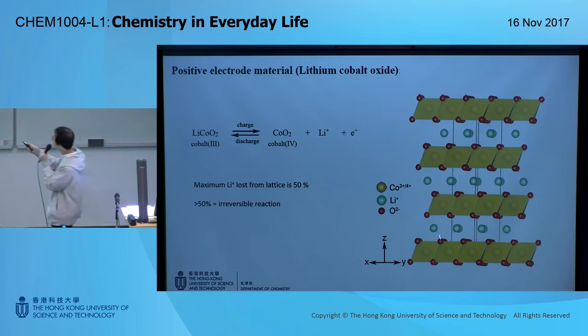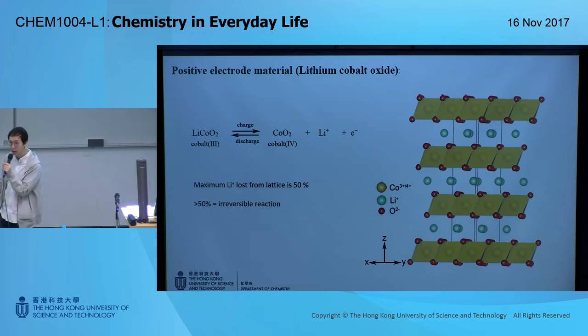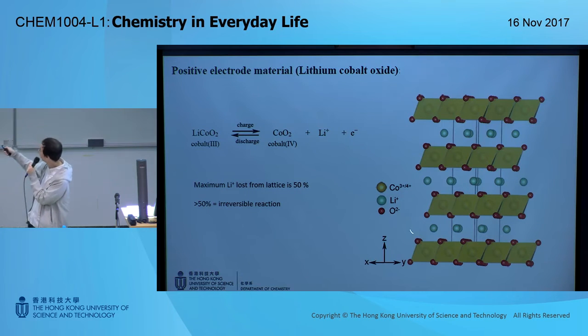Well, you can lose lithium ions from the structure, but how much can you lose until the structure is no longer able to stand it? There's a maximum loss of roughly 50%. So you can imagine that lithium ions are also there as a structural thing, like little pillars to hold the structure in place. If more than half of these have gone, then you have lost too much support and the structure will start to collapse.